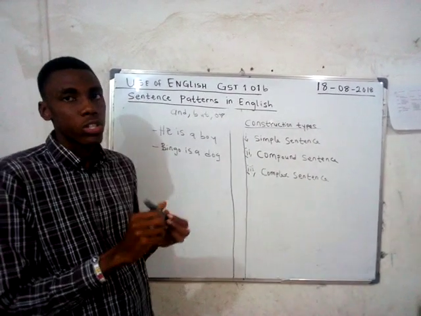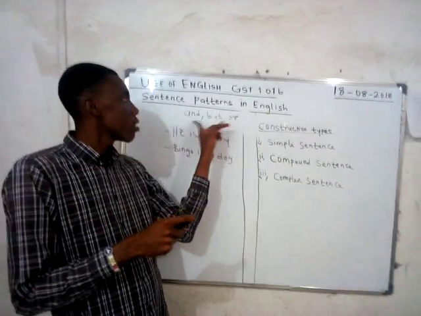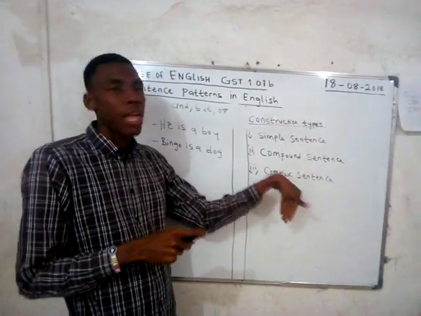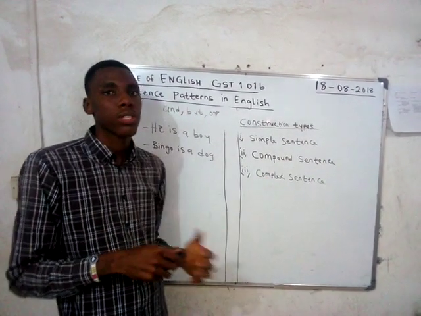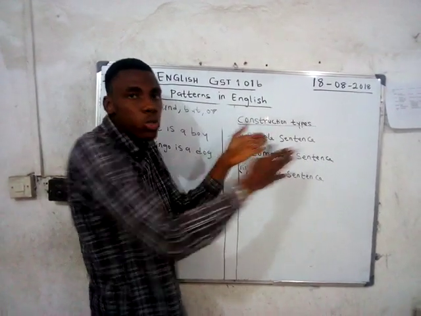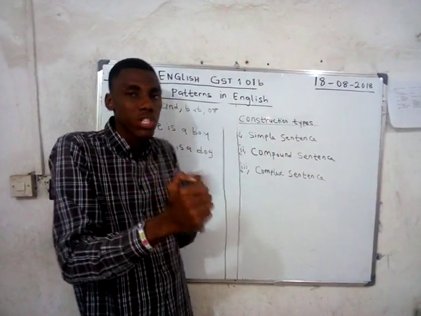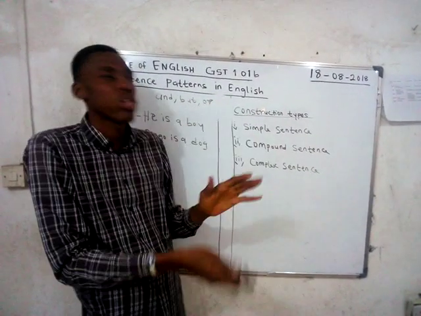Wherever we find these conjunctions embedded in sentences, that sentence is known as a compound sentence. The conjunction joins two simple sentences of equal strength. None is depending on the other.